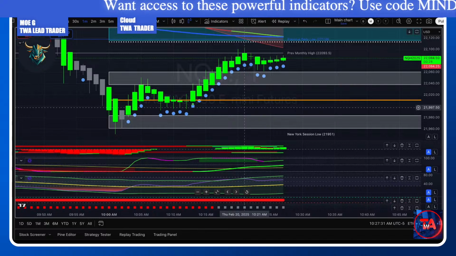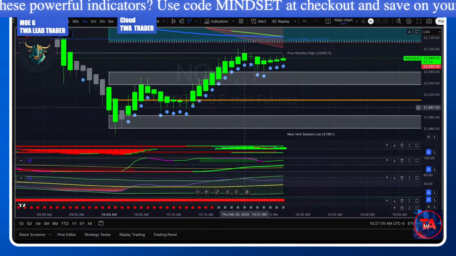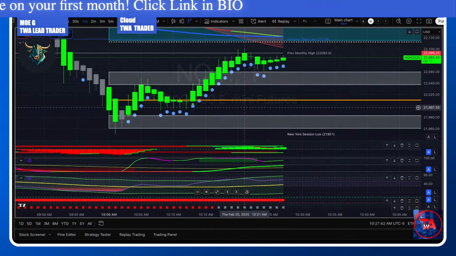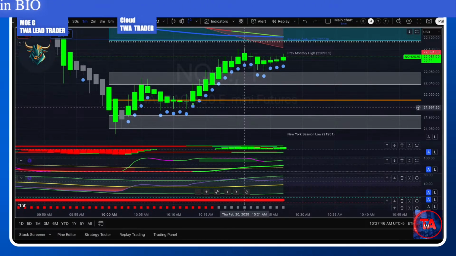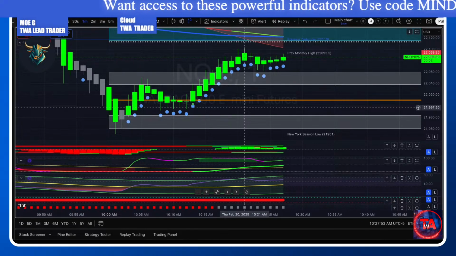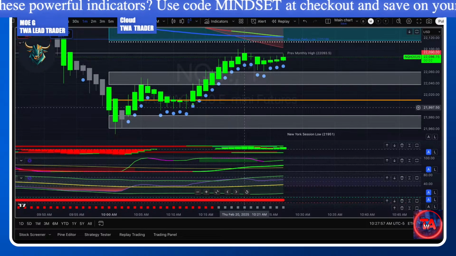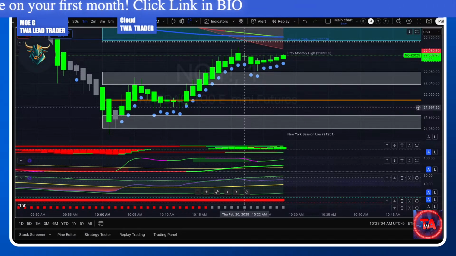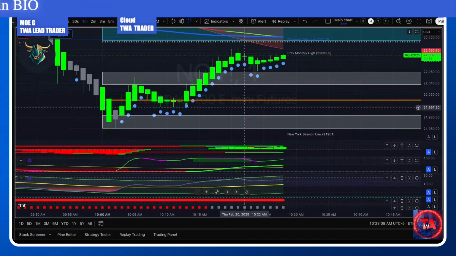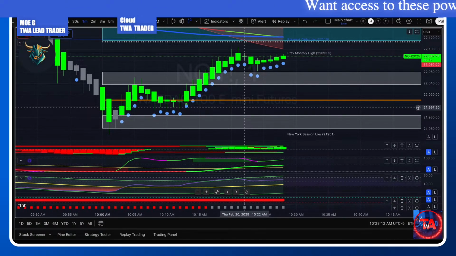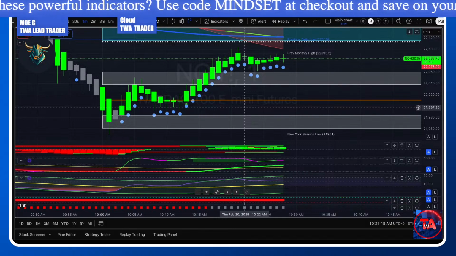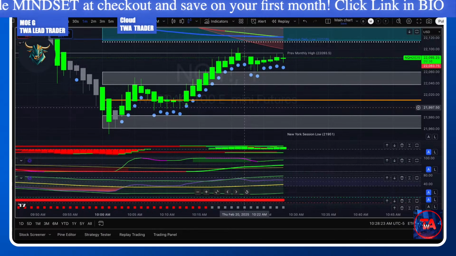Previous monthly high is up here. It doesn't seem like it wants that monthly high. It's not going back up.